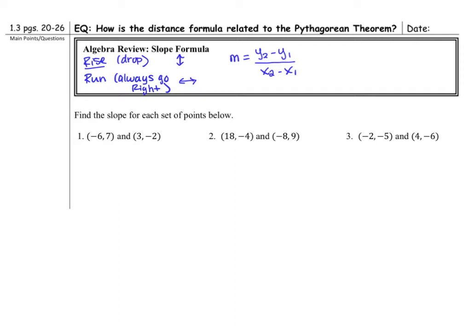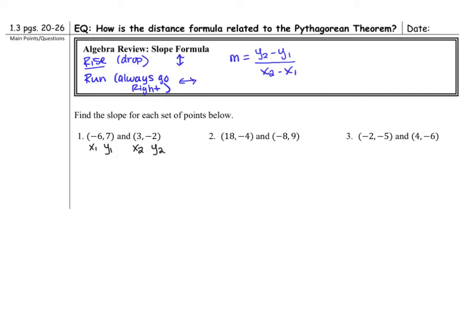So there's a couple ways we can do this. We can label our points x sub 1, y sub 1, and then x sub 2, y sub 2, and then we can substitute these values into the equation. So if I'm looking at my equation, I would do y2 minus y1.